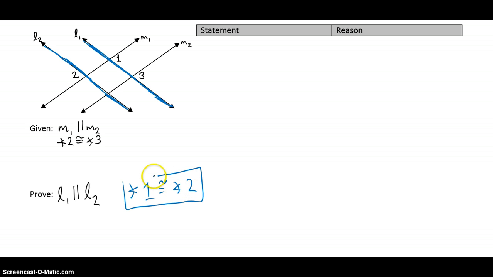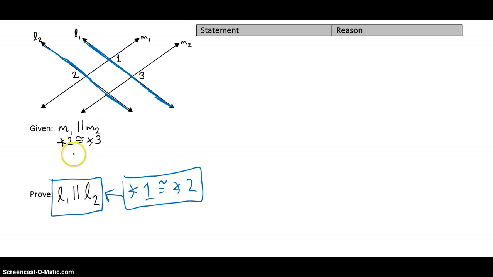The key is we need to get this to be true, not because they're alternate exterior angles, but some other way, and then conclude that our lines are parallel. If we just say they're congruent because of alternate exterior angles, that would imply our lines are already parallel. They're not yet. That's what we're trying to prove. Don't jump to the conclusion that these are congruent because they're alternate exterior angles.